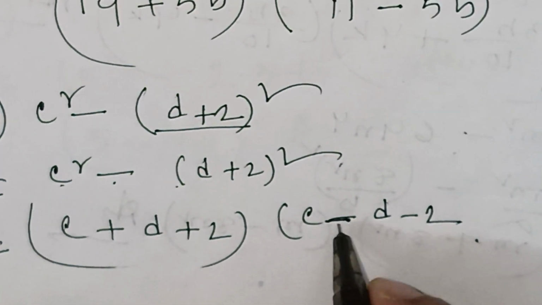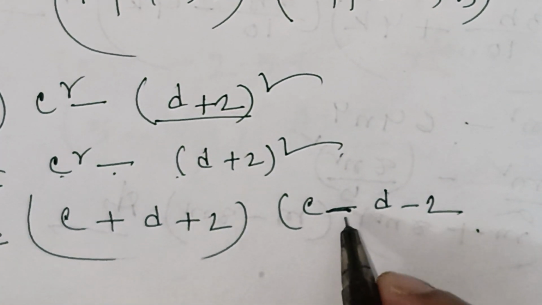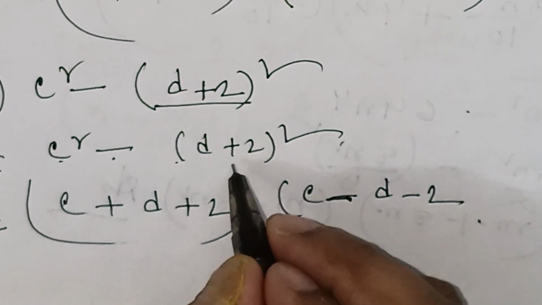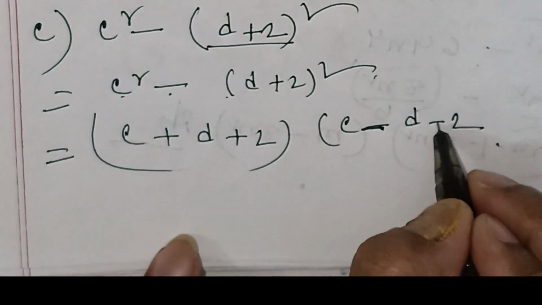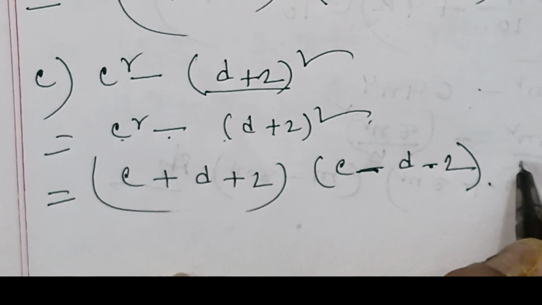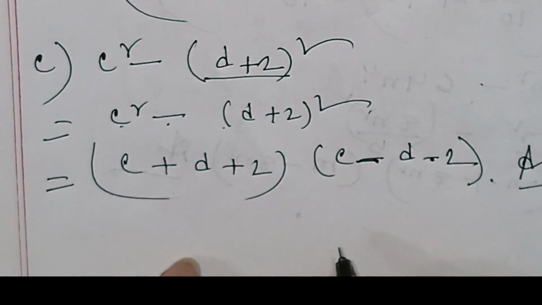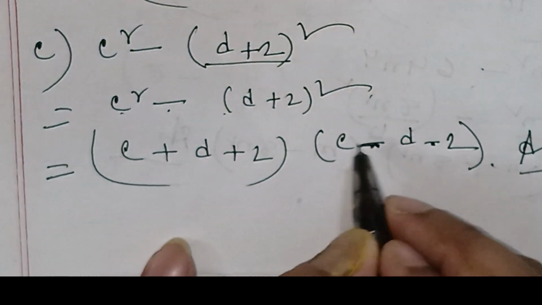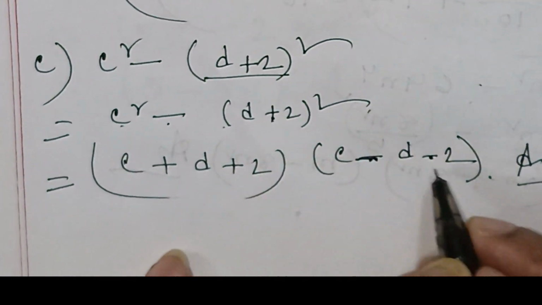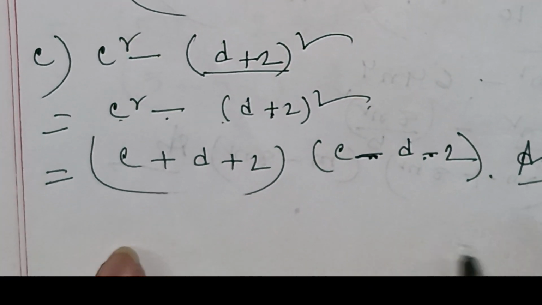When I use the formula with minus, then this one keeps plus 2 and a minus. So this is the answer. Because of the formula's minus, this one's plus became minus. That's it, this is the answer.